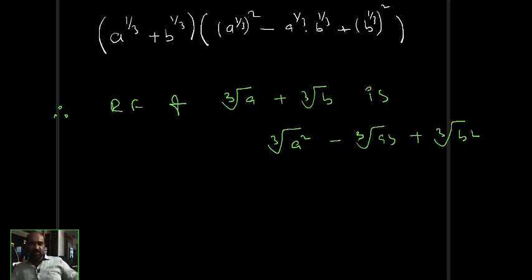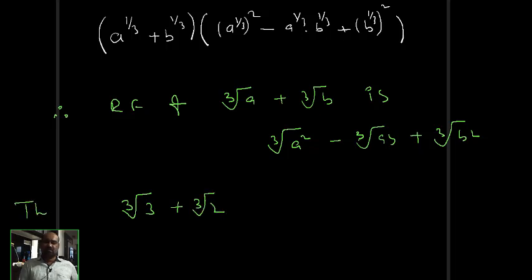Very, very, very, very important. Sometimes they will ask the question: cube root of 3 plus cube root of 2, what is the RF of this? I am not saying simplest, RF.